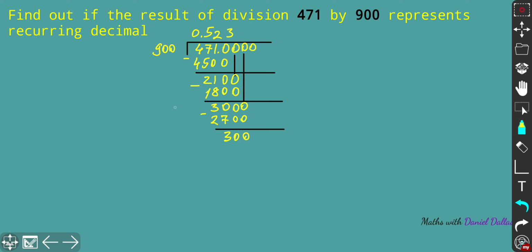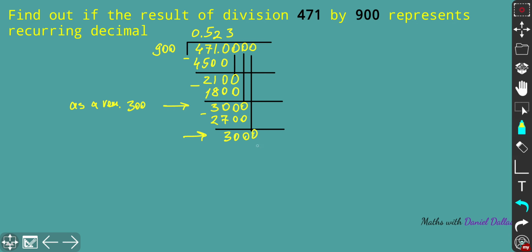So you already noticed that before, you had this pattern at this stage. At this stage you had 300 as a remainder, and at this stage also remainder 300 occurs. So it looks like the next time, if you carry the next 0 down, you'll have the same pattern.